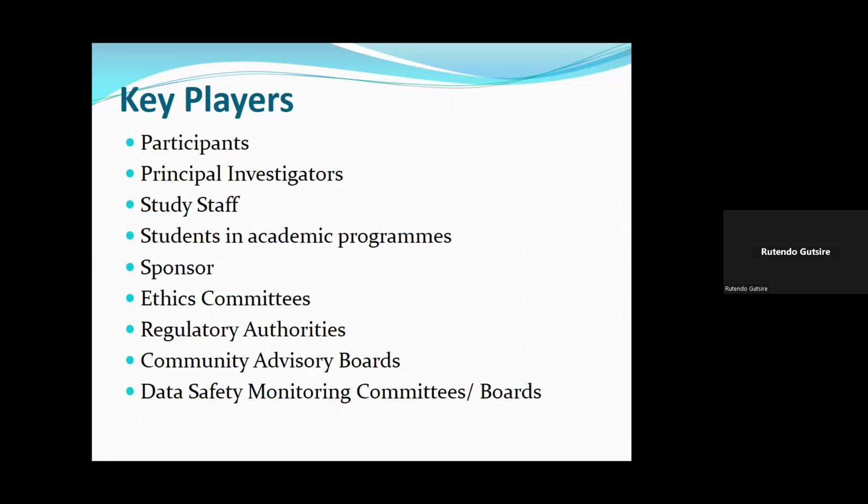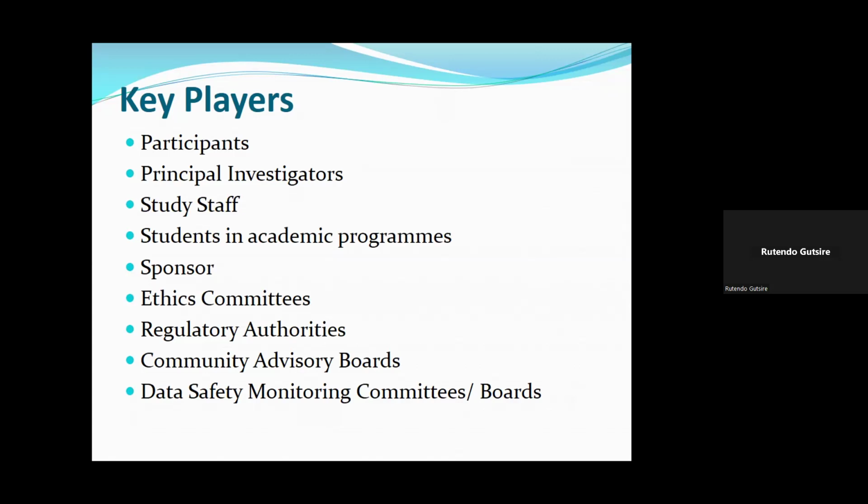Because most of these committees have scientists, people who have expertise in their different fields. So it is to look at the proposals, to review, to give comments, and to check that when the proposal is implemented, no one will be harmed.